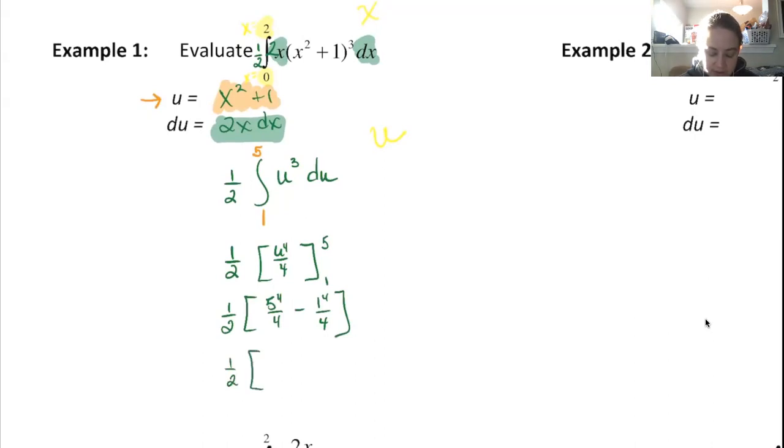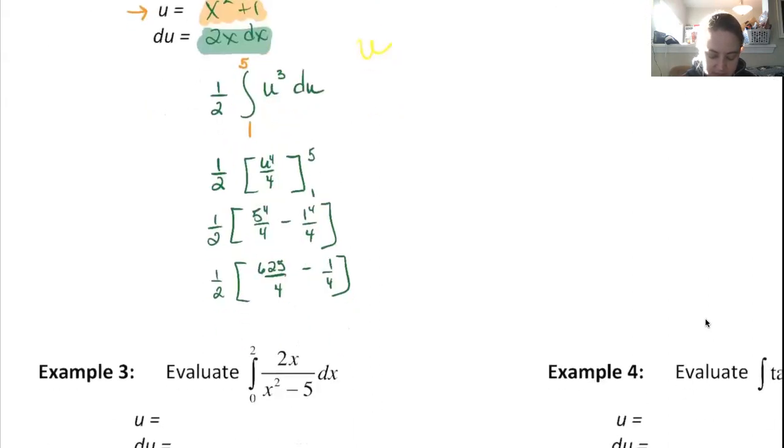5 to the 4th is what? 25 times 25. So this is 625 over 4 minus 1/4. So this is 1/2 times 624 over 4, no minus because I already did the minus. 624 over 4. Yikes.